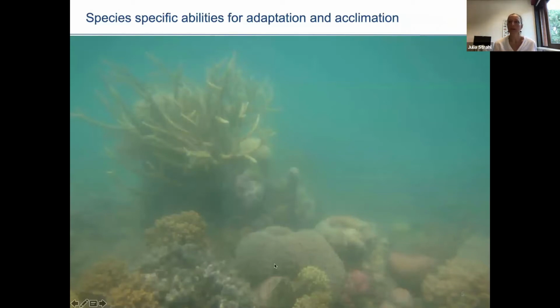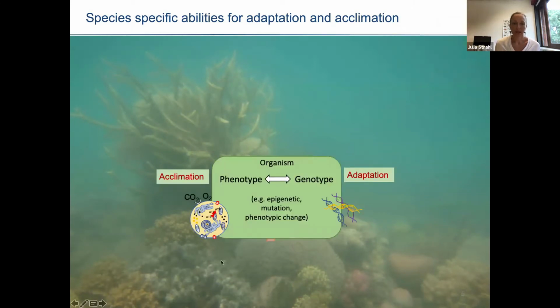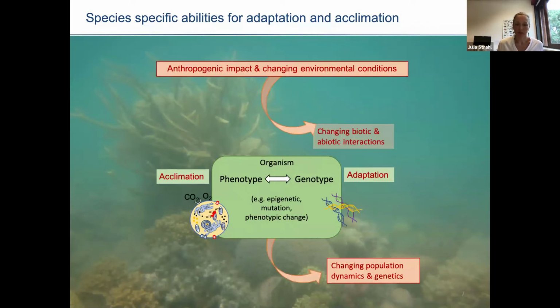So corals living in these environments need to have species-specific abilities for adaptation and acclimation, which enable them to survive and thrive in these environments. And this slide illustrates that adaptation actually happens on the longer term, because it includes changes of the genotype or the genome, while acclimation includes changes of the phenotype at a given genotype in response to changing environmental conditions.